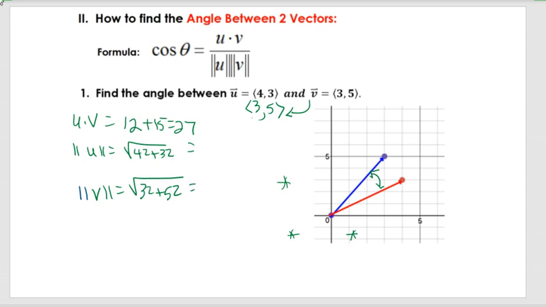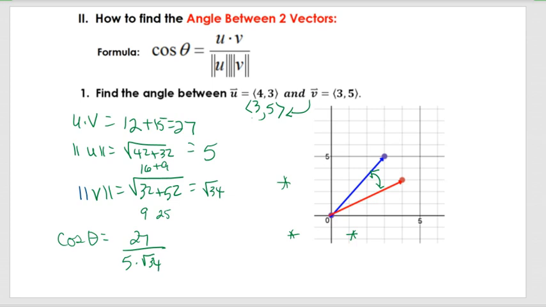My apologies. 4 squared and 3 squared. 16 plus 9 is 25, so that comes out as 5. 3 squared is 9, 5 squared is 25. I'm at 34. Okay, so what you do now is you say cosine of theta is equal to 27 over 5 times the square root of 34.